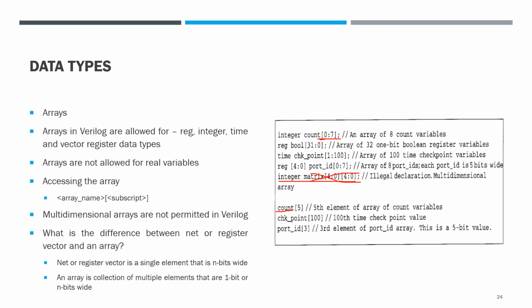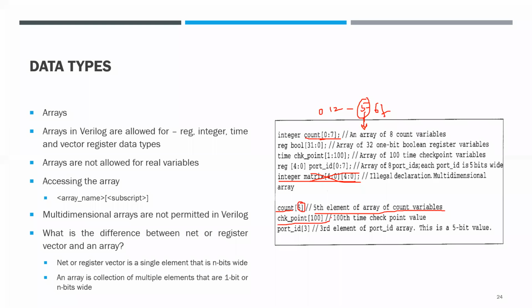I give the array name, count, and I want to access the element at the 5th position. The starting position is 0, 1, 2, and so on up to 5, 6, and 7. So I make use of the index 5. It will give me the 5th element of the array, at that specific location.